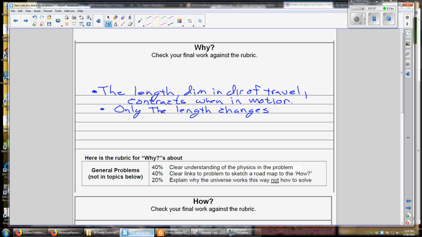So, the new length is less than the rest length.